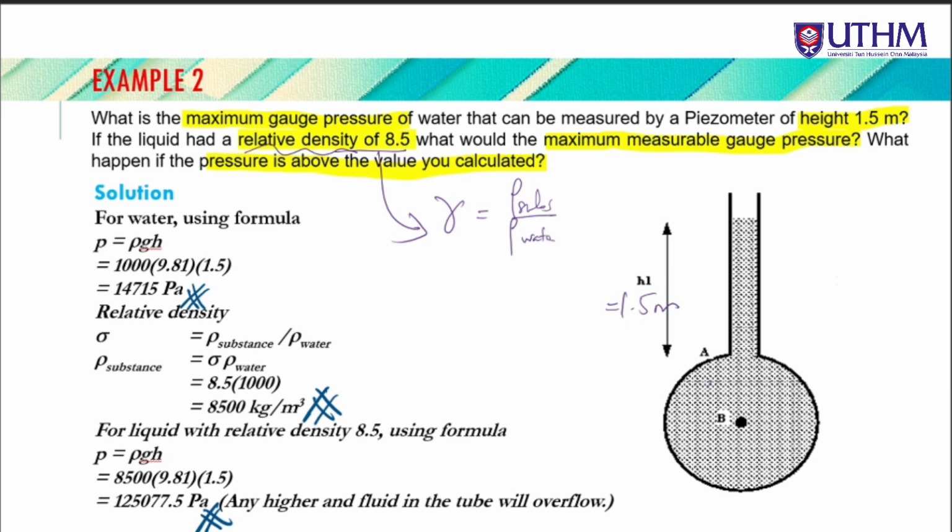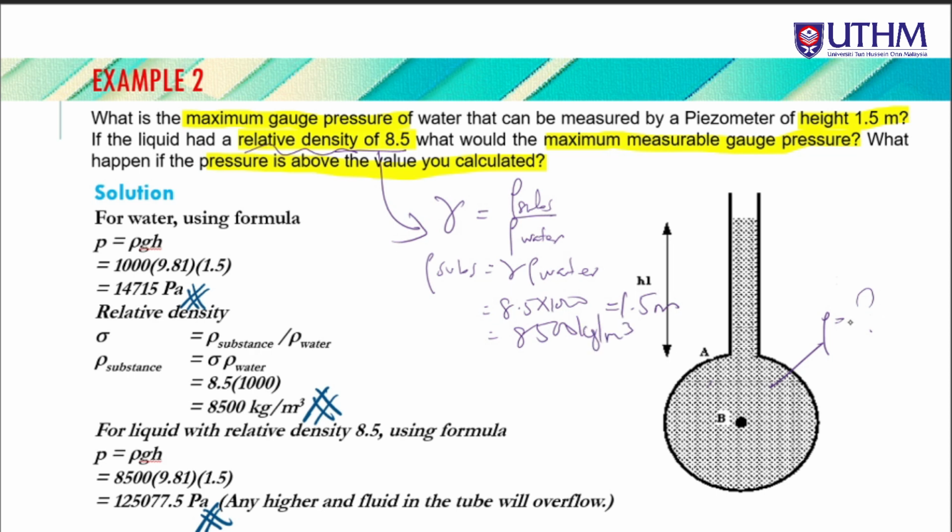Apa-apa pun kita akan compare dengan water. So relative density is given 8.5. So what is the density of this substance? It is equal to this times the density of water, which is 8.5 times 1000 equals 8500 kilogram per meter cube.